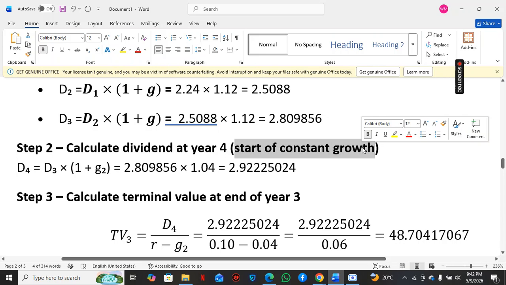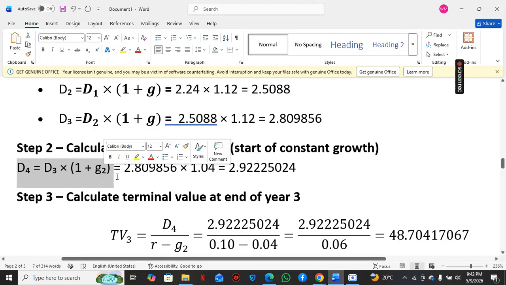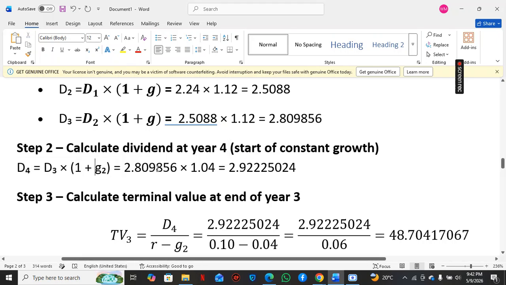Because remember, after 3 years, the dividend is going to start growing at a constant rate of 4%. So D4 equals D3 multiplied by 1 plus the growth rate, the constant growth rate, which is 4%, and 1 plus 0.04 gives you 1.04.